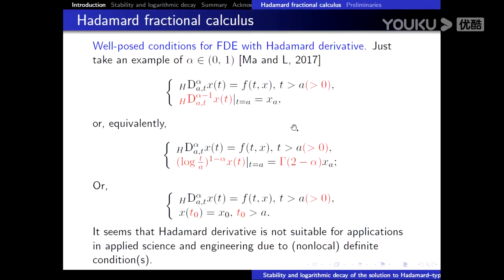Here is the gamma 2 minus alpha. Or we can give an initial condition at t0, but t0 is far from the initial time a. So it seems that the Hadamard derivative is not suitable for applications in applied science and engineering due to the non-local initial conditions you see here.